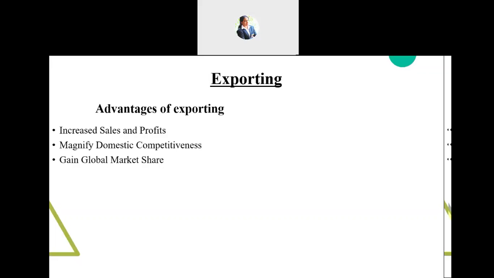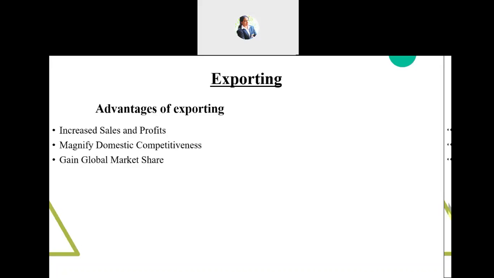Okay, that is to tell, but before having this increased sales and profit, the company has to bear something called development cost. That is to tell, you might have been producing a product in your home country, but when you enter a foreign market, definitely some changes need to be made, either in terms of customer taste and preference, or to meet some kind of legal regulation.